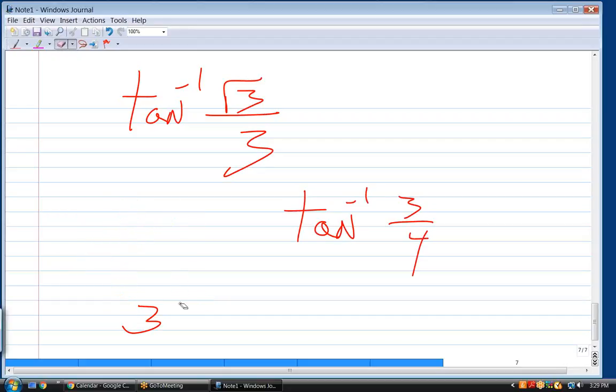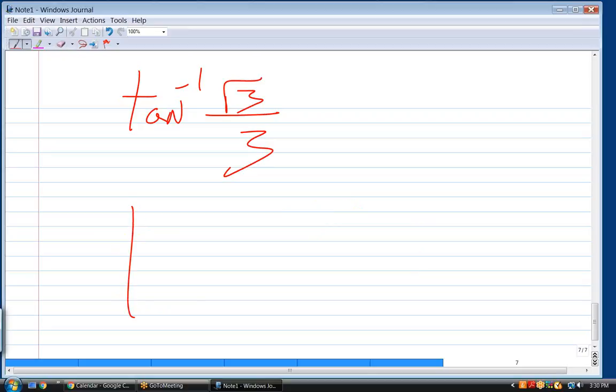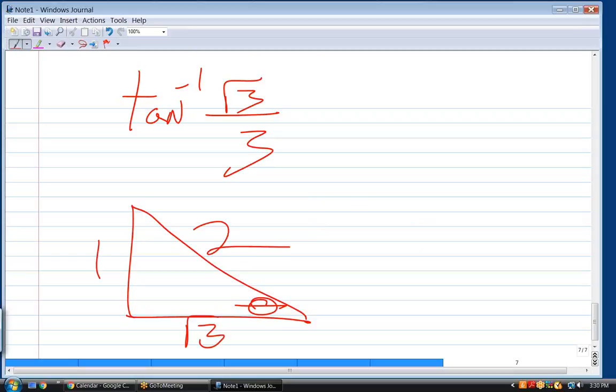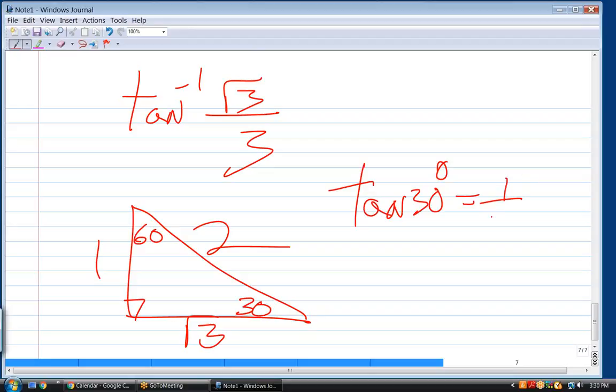Now, let's address your specific problem. If I draw my 2-unit triangles here, and this isn't theta, that's 30 degrees. What is the tangent of 30 degrees? 1 over 2. Actually, no. 1 over root 3.